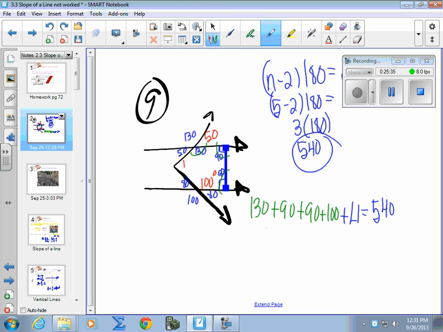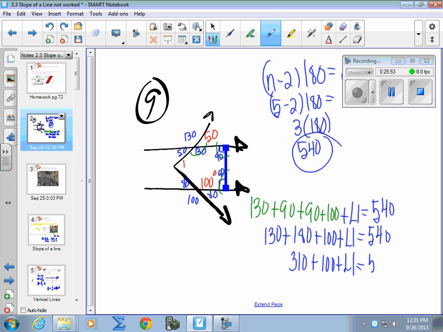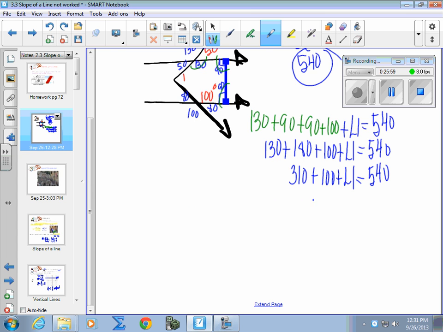So here we have 130 plus 90 plus 90 plus 100 plus angle 1 is equal to 540. So here I get 310 plus 100. Somebody check my number. Is that right? So I have 410 plus angle 1 is equal to 540. So angle 1 is equal to 130 degrees.